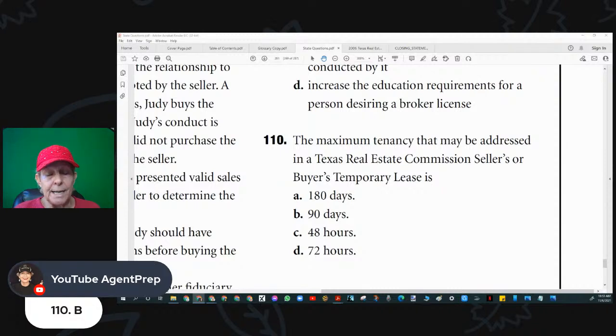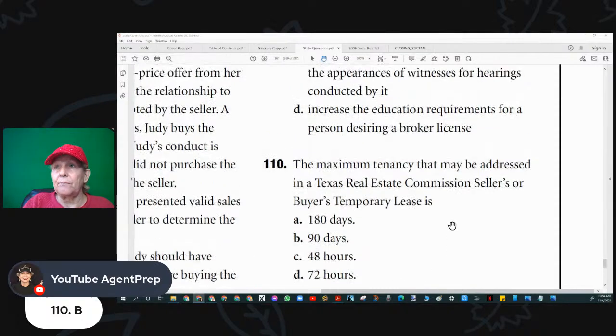But what happens there is the seller has to convert their insurance to a landlord insurance and lease the property to the buyer prior to move in. So it is 90 days, 3 months.